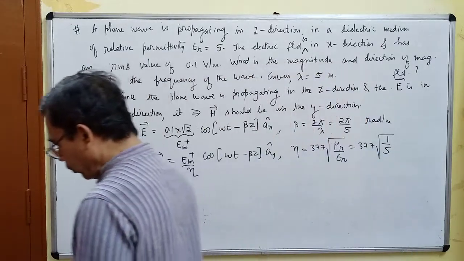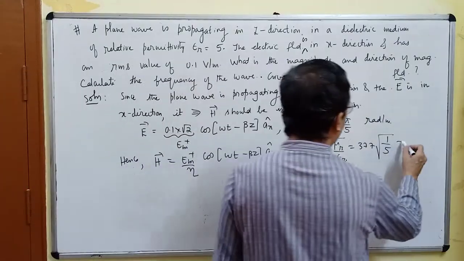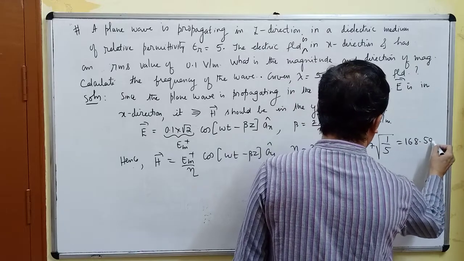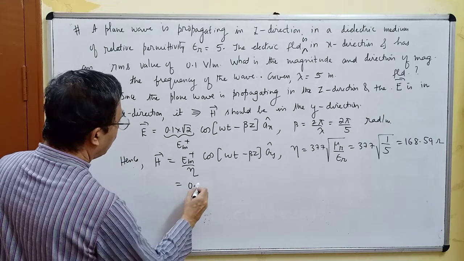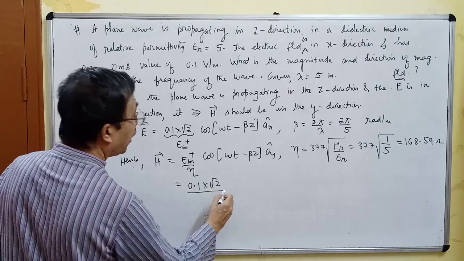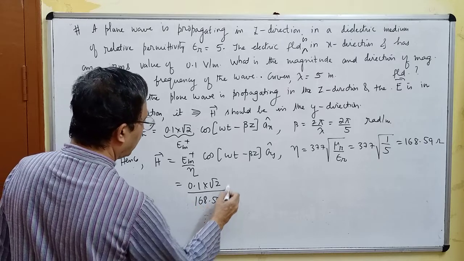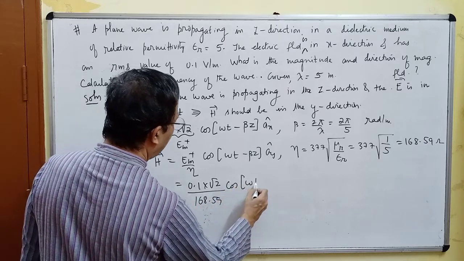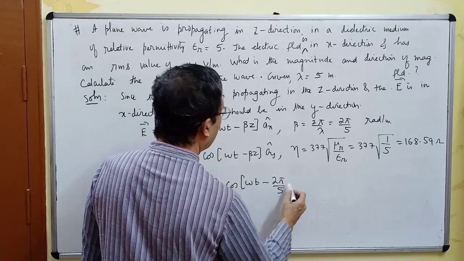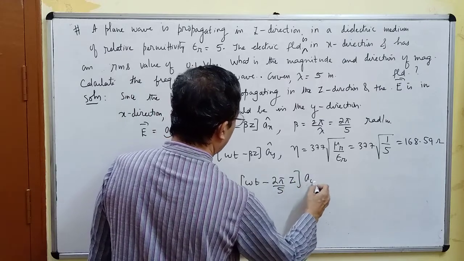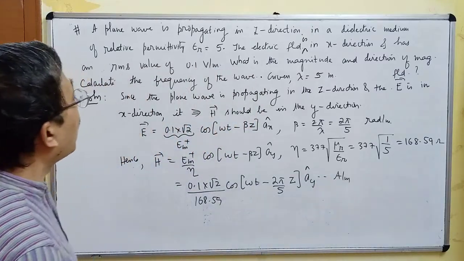So eta works out to be 168.59 ohms. I will substitute 0.1 into root 2 divided by 168.59 cos of omega into t minus 2 pi by 5 z into ay cap amperes per meter. So this is the solution of part 1.